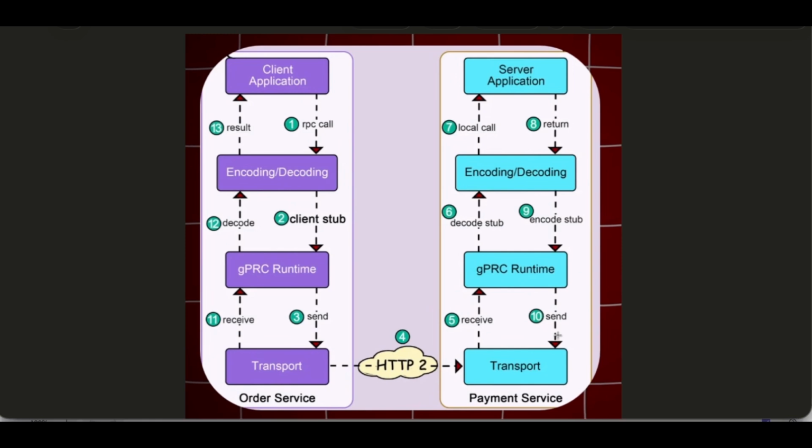It will give a return, which gets encoded again, then goes through the gRPC runtime and transport, and moves back to our front end. There it goes to gRPC, then decoding, and then it is given to the client application. So this is the common flow that gRPC currently works on.